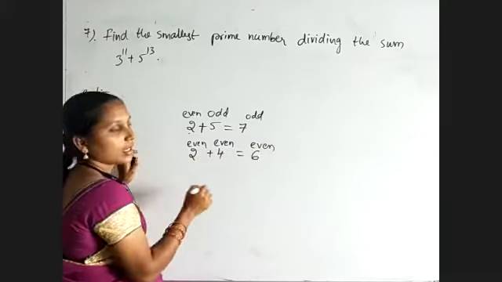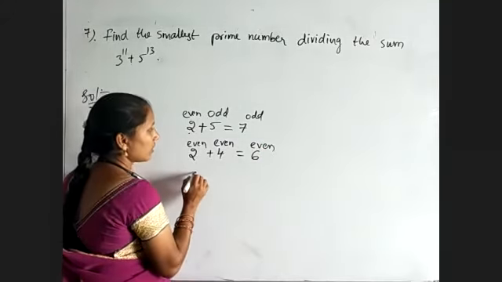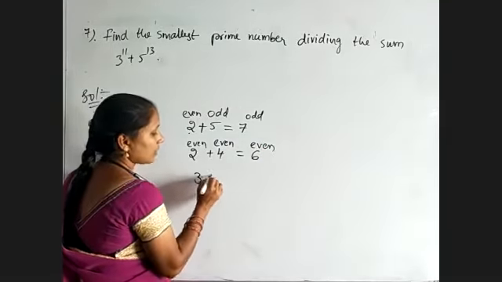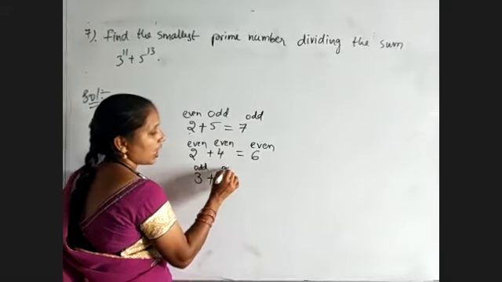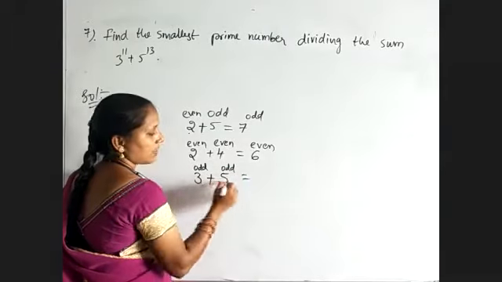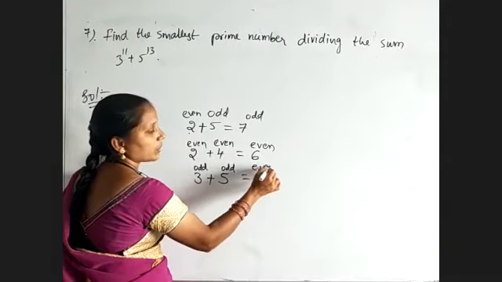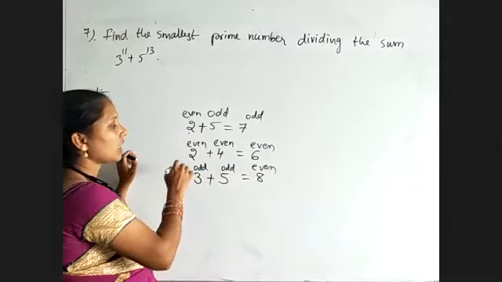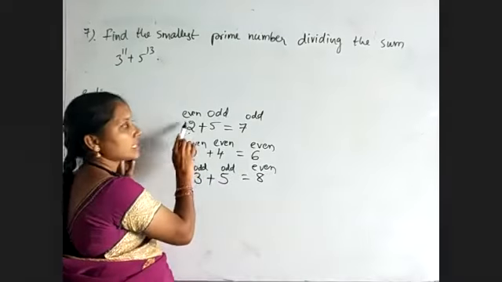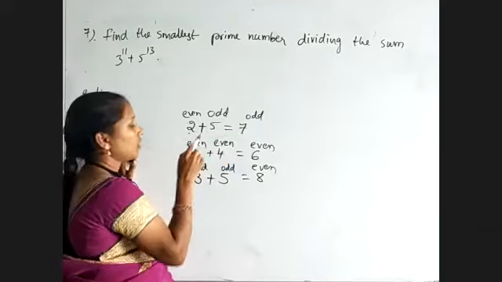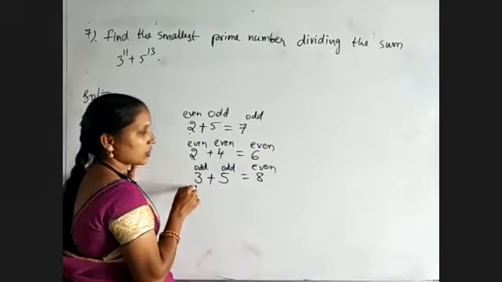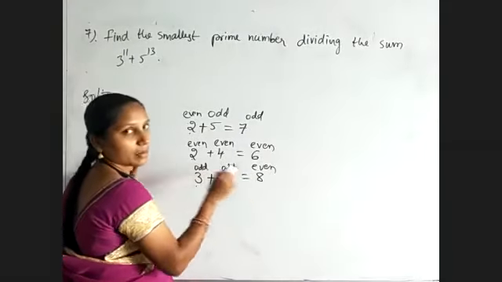If I have two odd numbers, 3 plus 5, is equal to 8, an even number only. So while adding, if one is even and one is odd, the result is an odd number. If you are adding two even numbers or two odd numbers, the result is an even number.